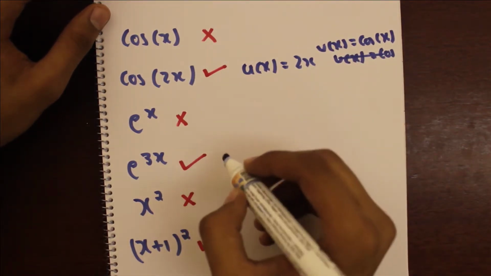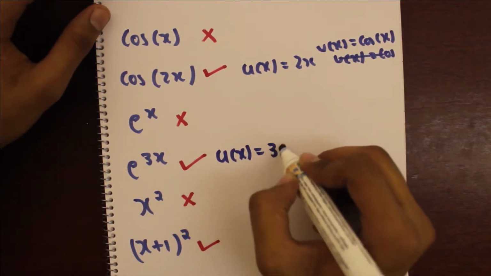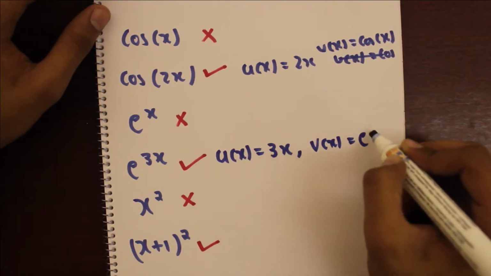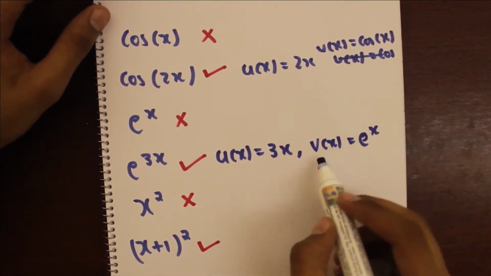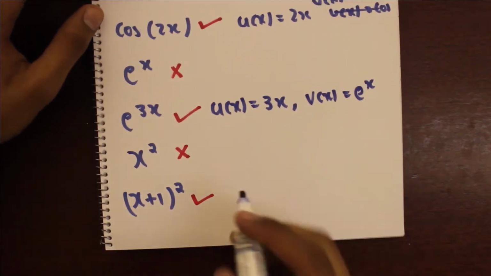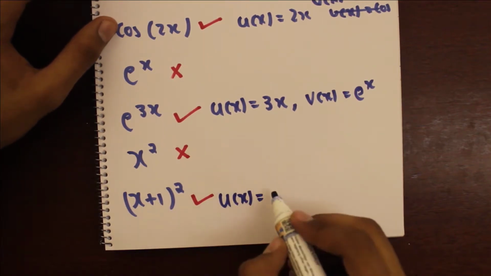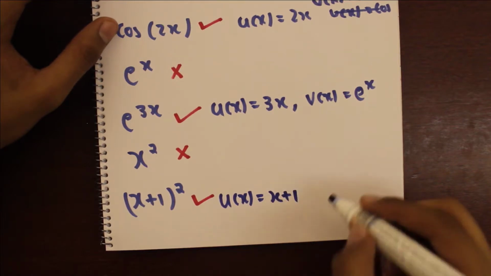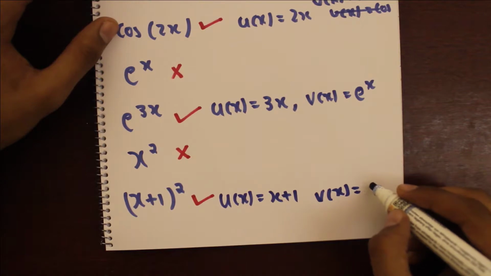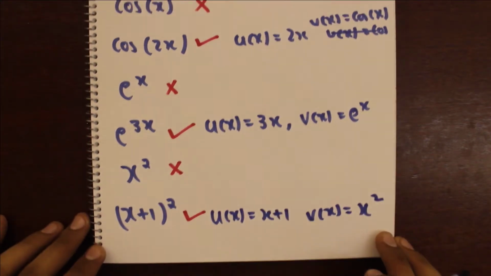For the next, u of x could be equal to 3x, while v of x could be equal to e to the power of x, and v of u of x would give you e to the power of 3x. And for the last one, u of x could be equal to x plus 1, while v of x could be equal to x squared, and v of u of x would give you x plus 1 squared.